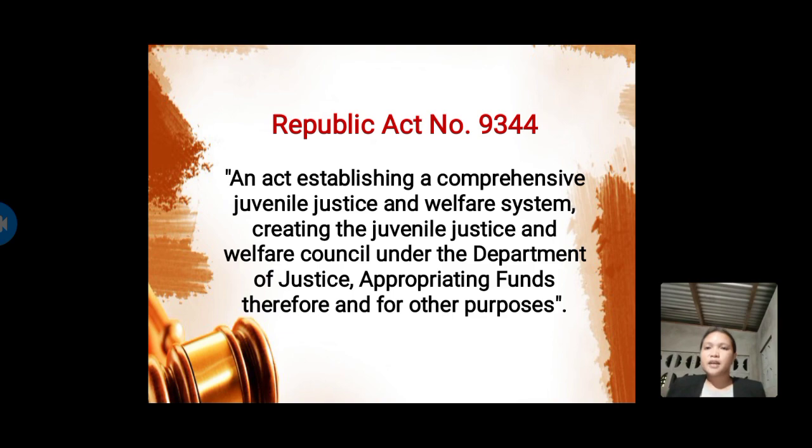So the next topic is Republic Act number 9344. This is an act establishing a comprehensive juvenile justice and welfare system, creating the Juvenile Justice and Welfare Council under the Department of Justice or the DOJ, appropriating funds therefor and for other purposes.